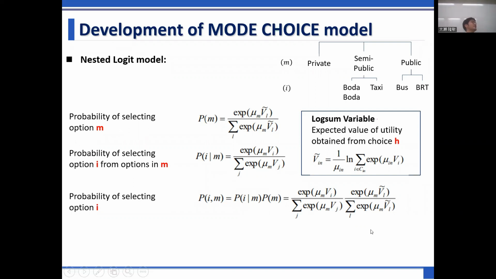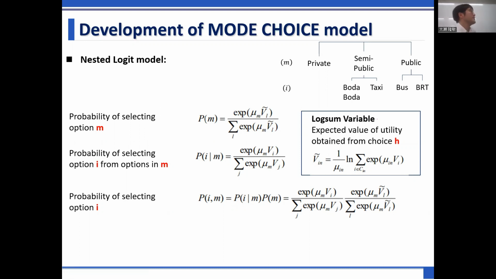However, I think you can understand the general ideas of the nested logit model. And you can note that there is a logarithm variable, which means the expected value of utilities obtained from the choices.